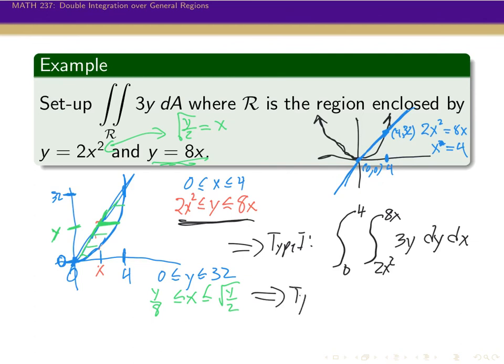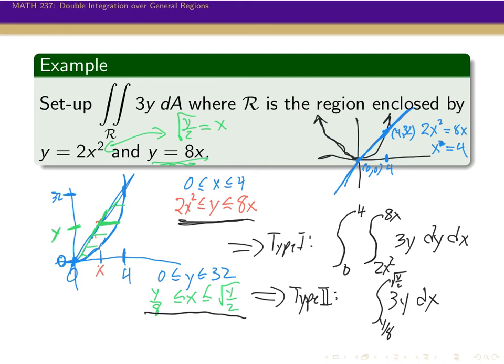Okay. And so as a type 2 integral, we're taking our function and integrating in terms of x first. So our x bounds would be y over 8 to the square root of y over 2, integrating in terms of x.